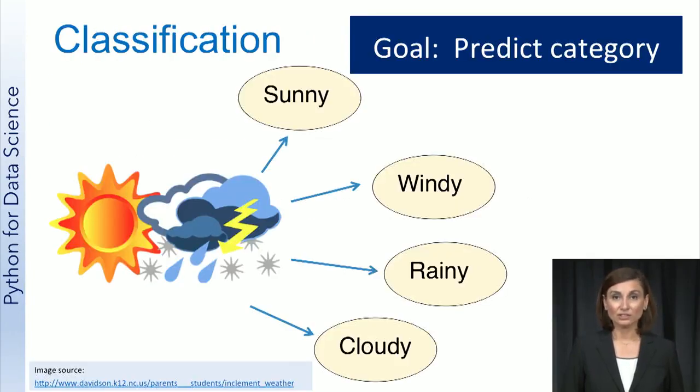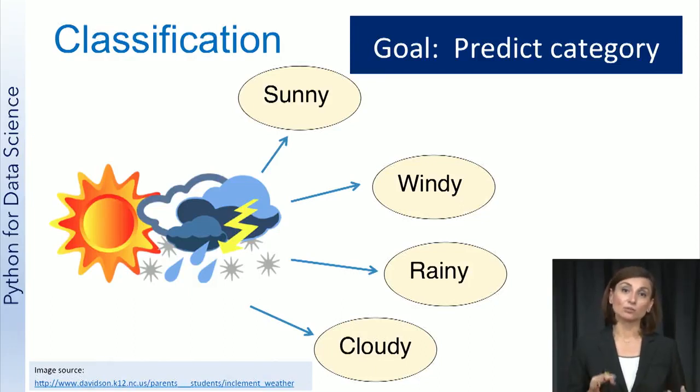In classification, the goal is to predict the category of the input data. An example of this is predicting the weather as being sunny, rainy, windy, or cloudy. The input data in this case would be sensor data specifying the temperature, relative humidity, atmospheric pressure, wind speed, wind direction, etc. The target, or what you're trying to predict, would be the different weather categories, like sunny, windy, rainy, and cloudy, as we discussed.